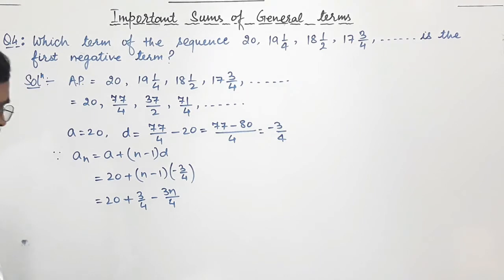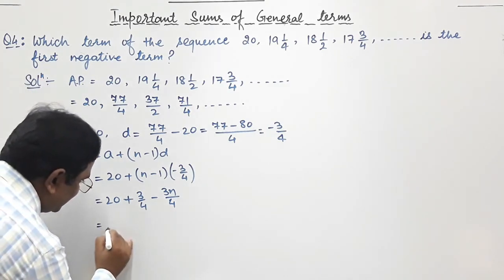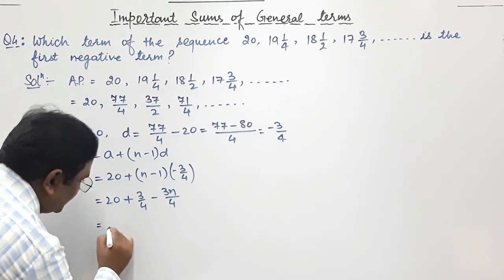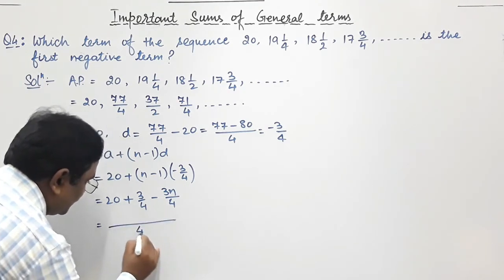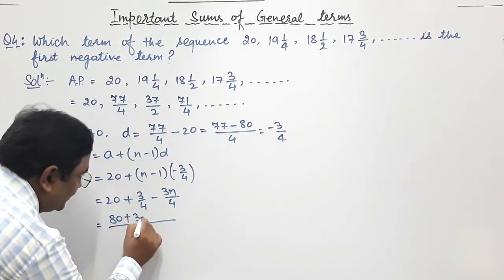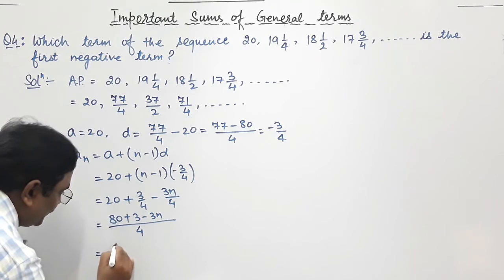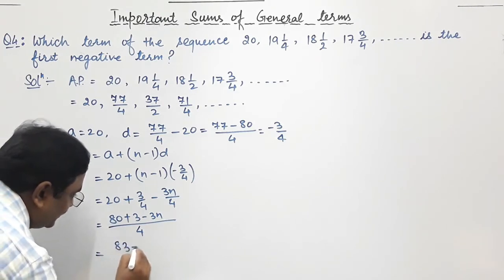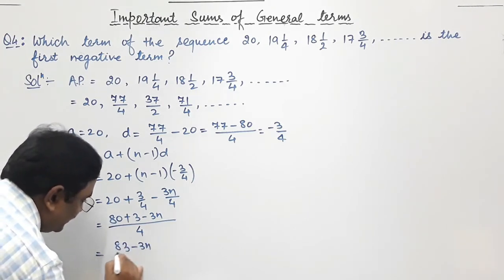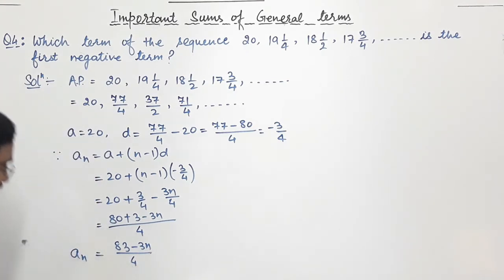So this can be written, when you take 4 as LCM, as 80 plus 3 minus 3n, that is equal to 83 minus 3n upon 4, which is its general term.